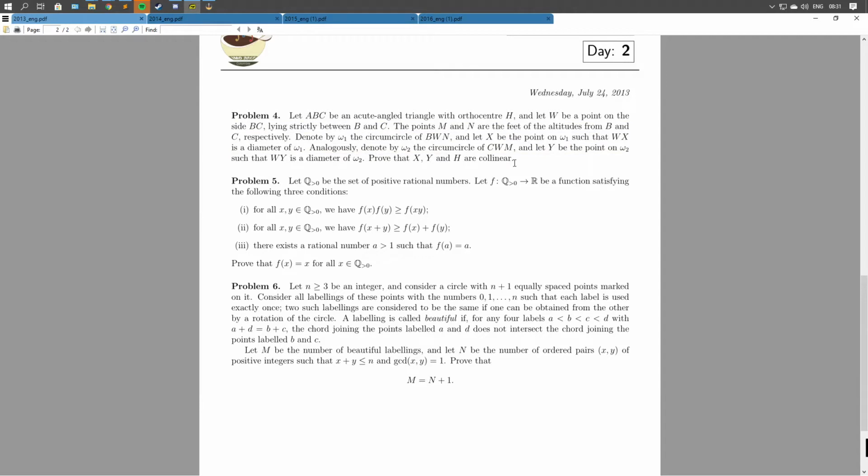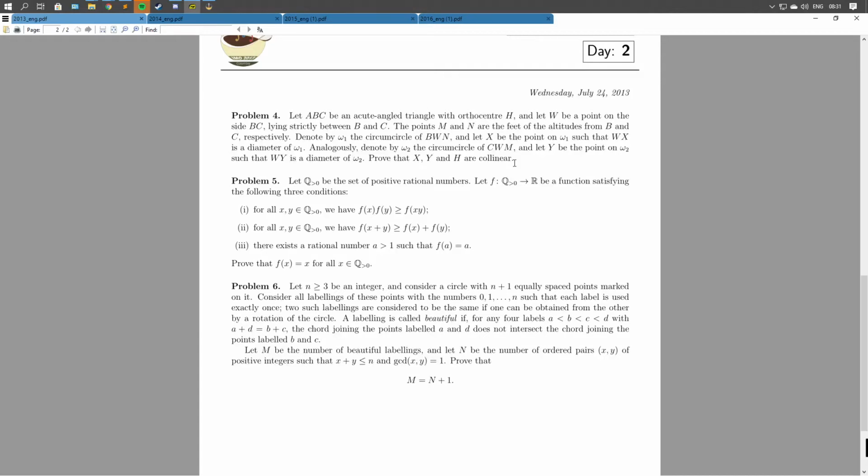What you've got is an acute angle triangle ABC with its orthocenter H, and a point W on the side BC, strictly between B and C. We also have points M and N, which are the feet of the altitudes from B and C respectively. Then we have two circles, omega 1 and omega 2.